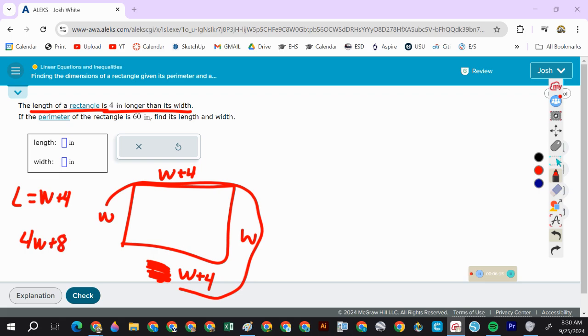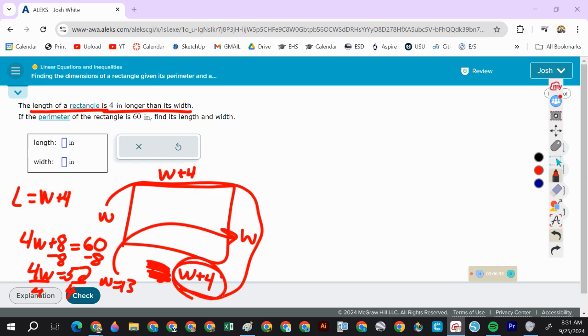That's the perimeter, and it's equal to 60. Subtract 8. 4W equals 52. Divide by 4, and I get W equals 13. So if that is 13, then this must be 17.